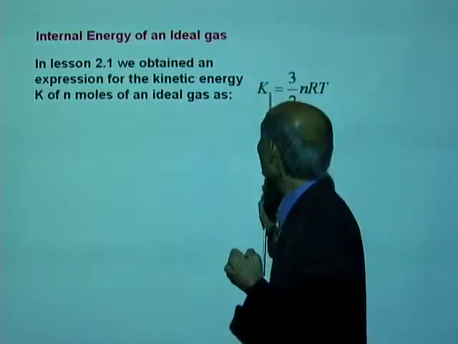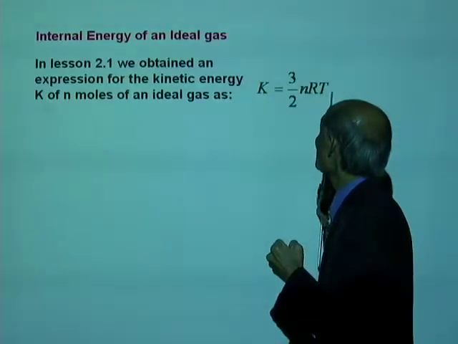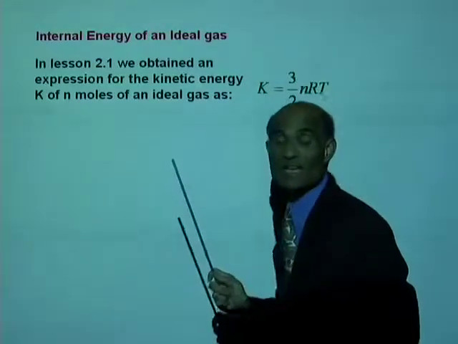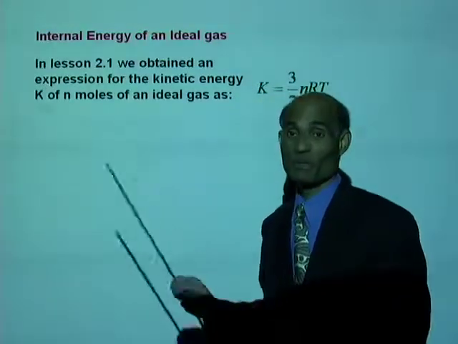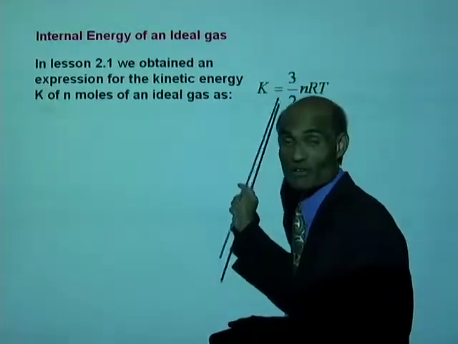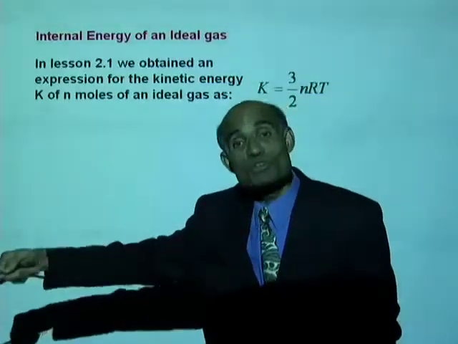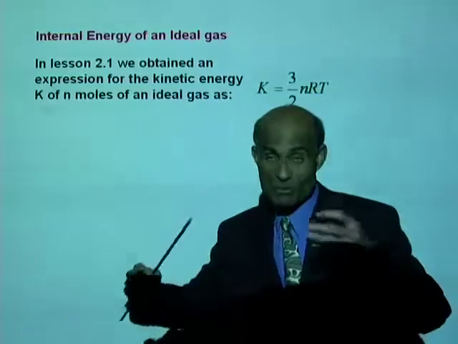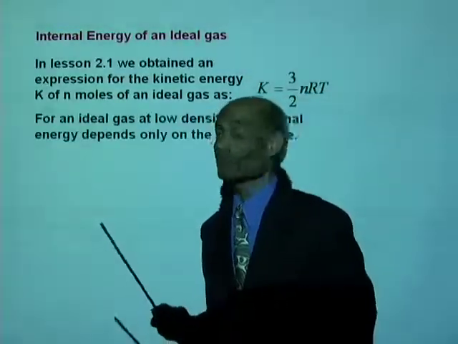So the internal energy of n moles of a gas at a temperature T is K equal to 3 over 2 nRT. Remember, this is a theoretical value. We can now subject that to experimental scrutiny to make sure that we are in the right track. So we will use this as we go on.